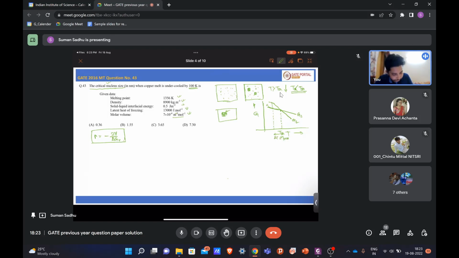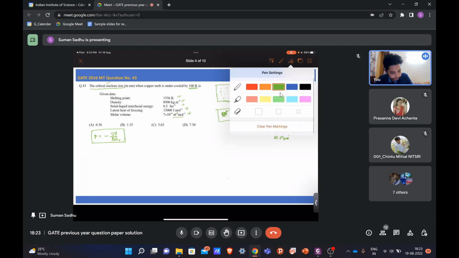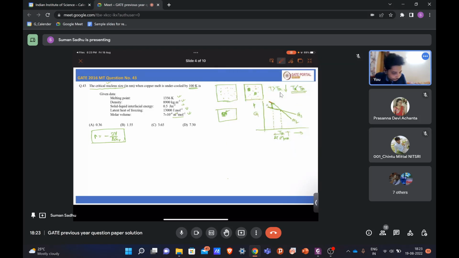Okay. Now the difference between these two lines, if I draw with a different color, that will be better. Let's say this red line is for the liquid, and this line is for the solid. The difference between these two at this temperature is delta G. This is the driving force for solidification.